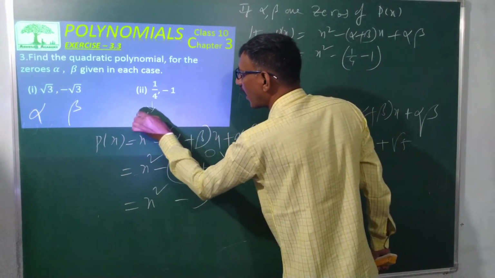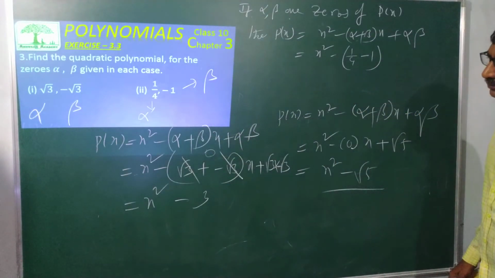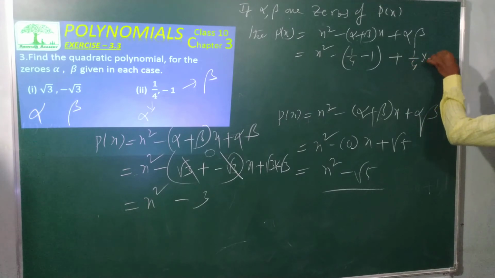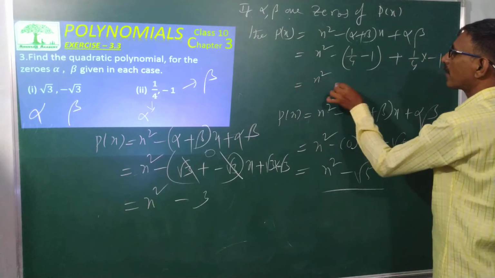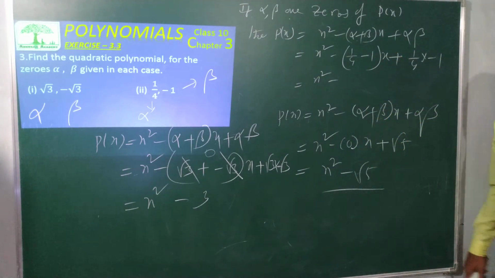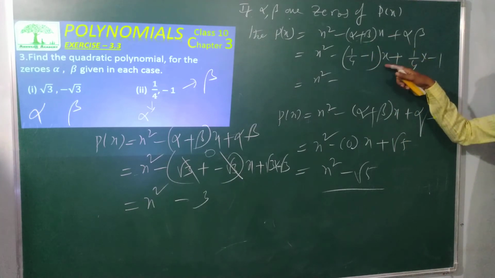This is my alpha and this is my beta. Am I clear or not? Plus 1 by 4 into minus, that's x square minus of, here I forgot to write x. Yes. Every time you should write the x term: alpha plus beta into x. Alpha plus beta as it is I written and I multiplied with x.